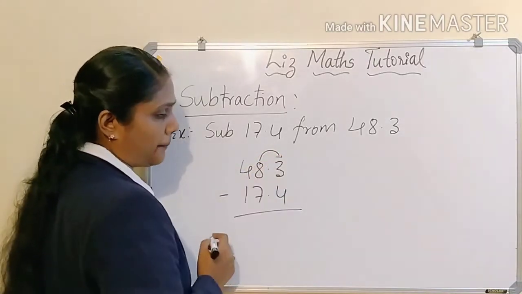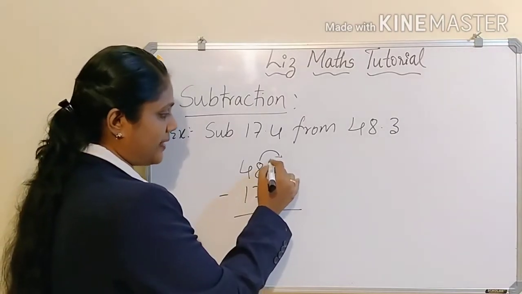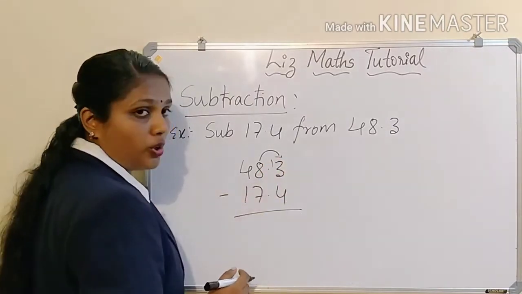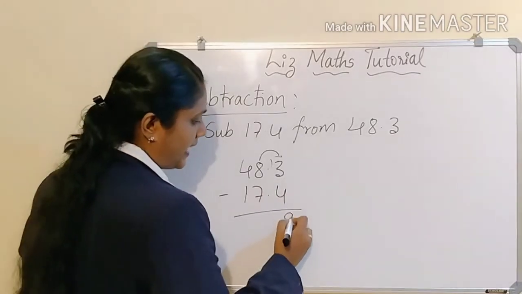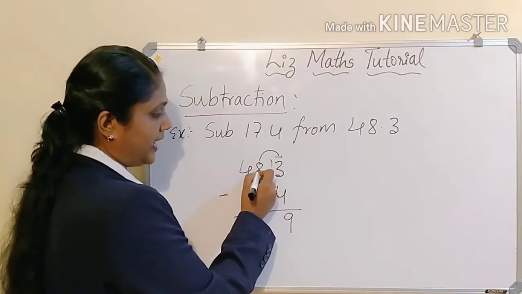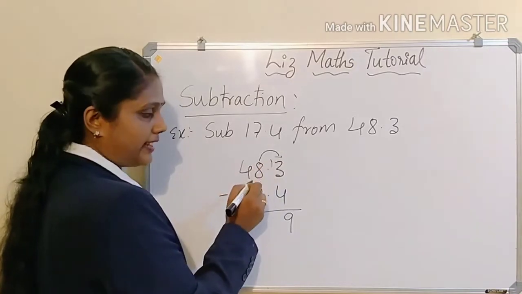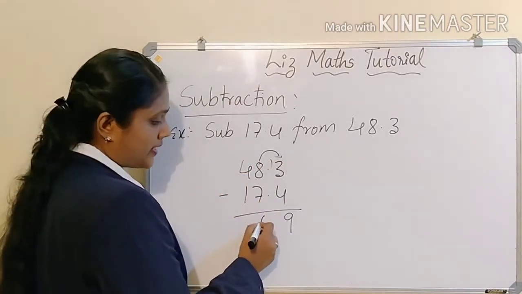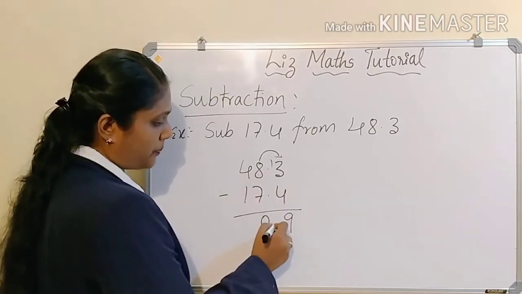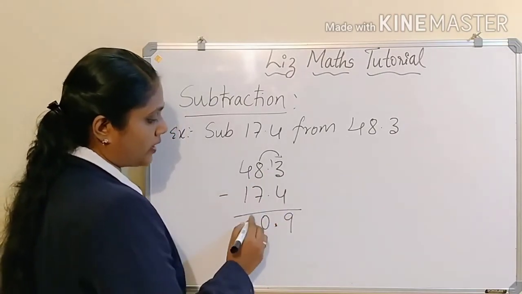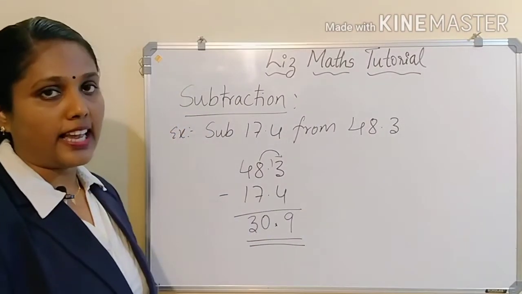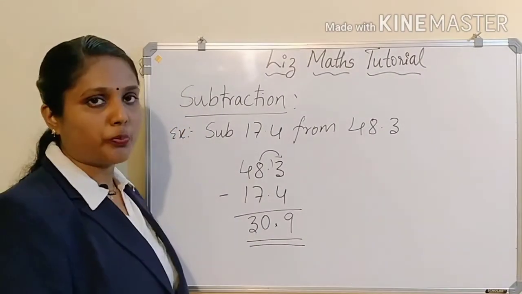So here that gives a tens value, 13. 13, 4 goes how much? 9. Now here remaining 7, since 1 you have taken. So 7, 7 goes 0. The decimal point you have to put here. And here 4, 1 goes 3. So what is the answer? 30.9 is the answer. Hope you understood.